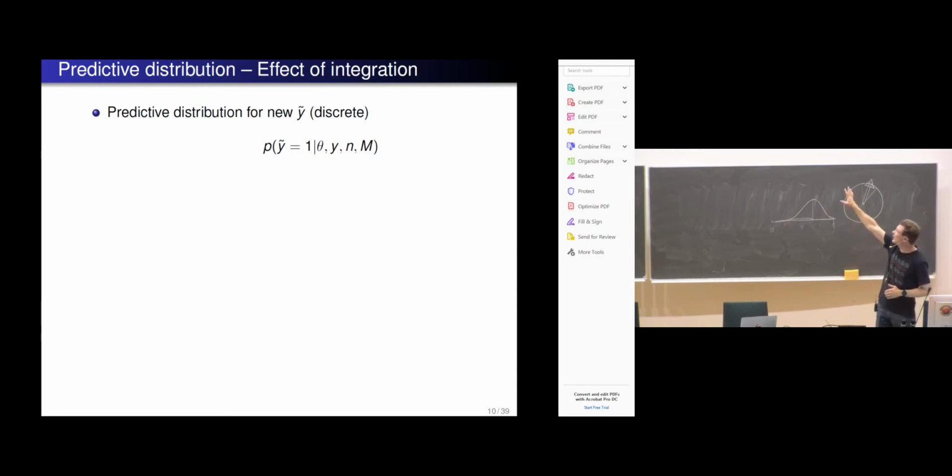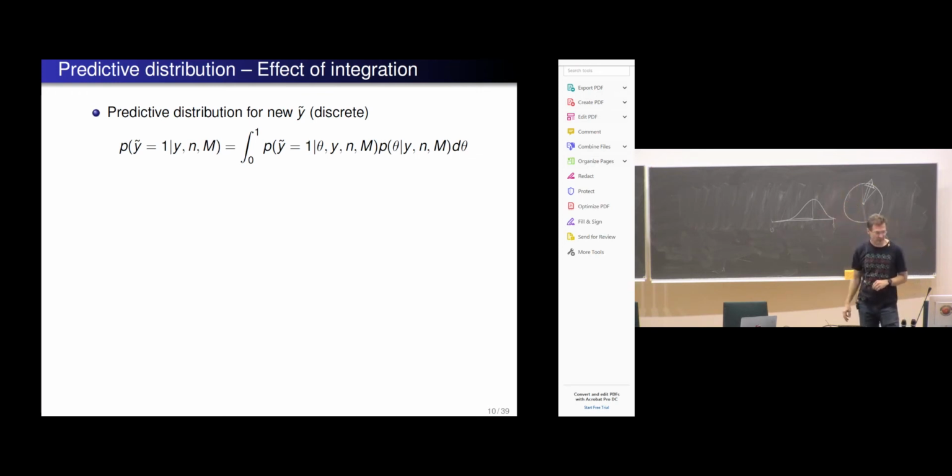Given that, if we know theta, then that's easy. It's just theta. But since we don't know theta, we can weight each of these probabilities that it's a red one by the posterior probability of theta, and then we integrate over the range of theta.